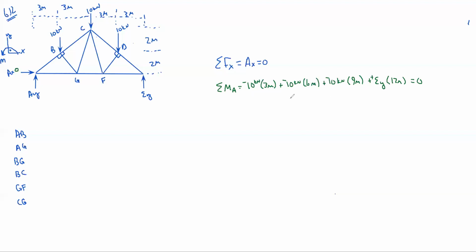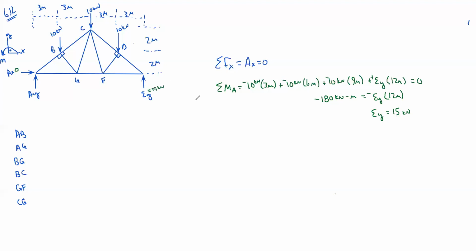Performing the indicated arithmetic, you get negative 180 kilonewton meters is equal to negative EY times 12 meters, giving us EY is equal to 15 kilonewtons. The fact that it's positive just indicates that I guessed the correct direction.